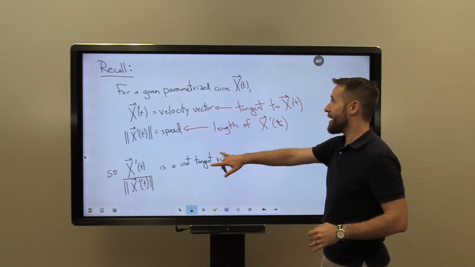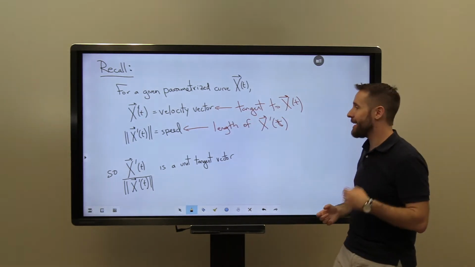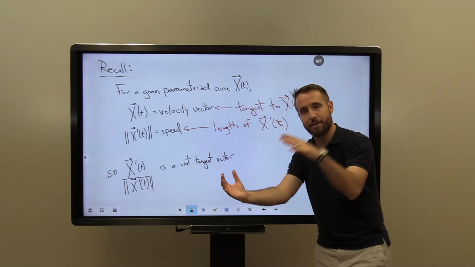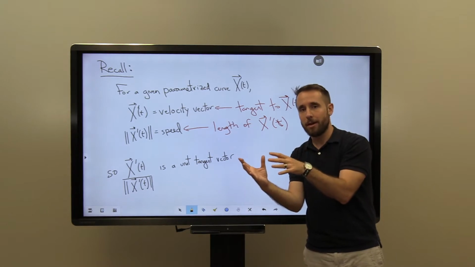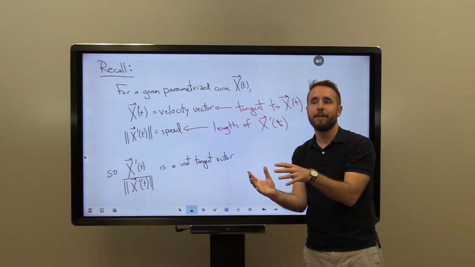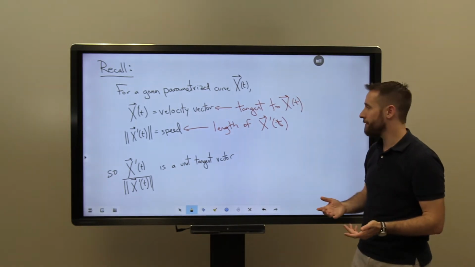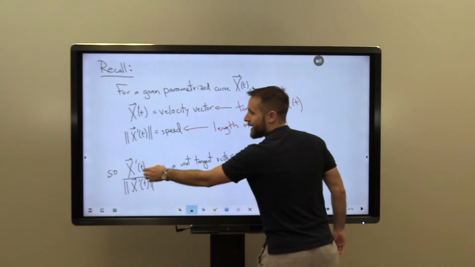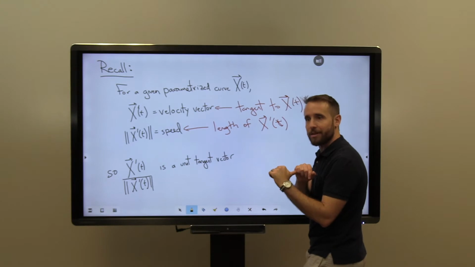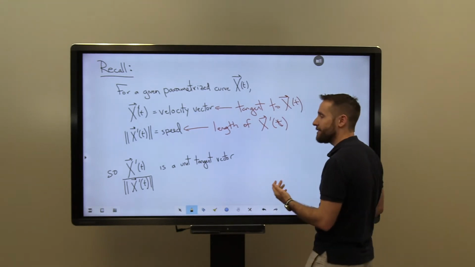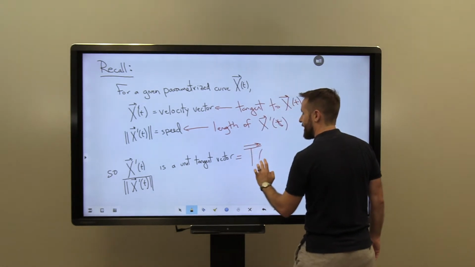So in this case, we have capital X prime is a tangent vector. If I divide by its length, that means I'm shrinking it down by a factor of its length, and what I'll get is a new vector of unit length, of length equal to 1, pointing in the exact same direction, and so still lying tangent to the curve. So in fact, this capital X prime divided by the norm of X prime will be a tangent vector. It will be of unit length, and so it is our unit tangent vector, which we said before we will denote using a capital T.